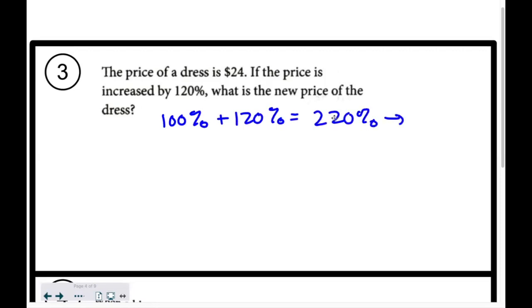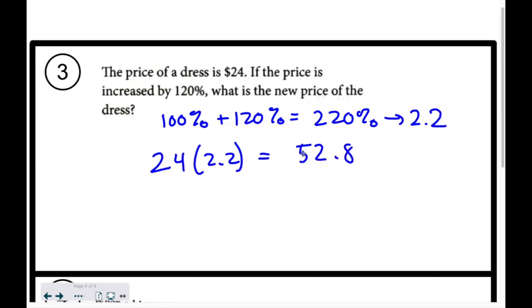And 220% as a decimal is 2.2. All right. So what we're really multiplying by here is 2.2. So it's just 24 times 2.2, and that ends up being 52.8, really $52.80, but 52.8 would be fine, that's how you would answer it.